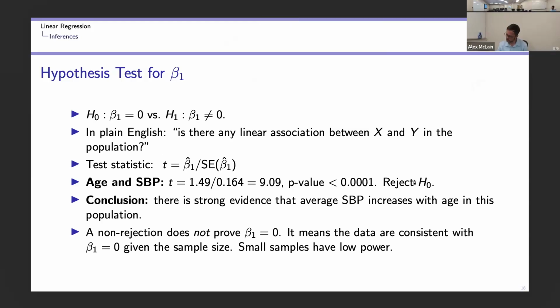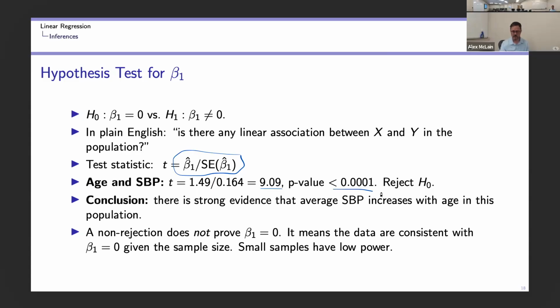Okay, one last slope before we go to our example. So lastly, we have a hypothesis test where we're interested in, is the slope actually equal to 0 or is it not equal to 0? Is there any linear association in the population? The test statistic is just the ratio between the estimated beta 1 and the standard error. Here you can see that ratio is equal to 9.09.